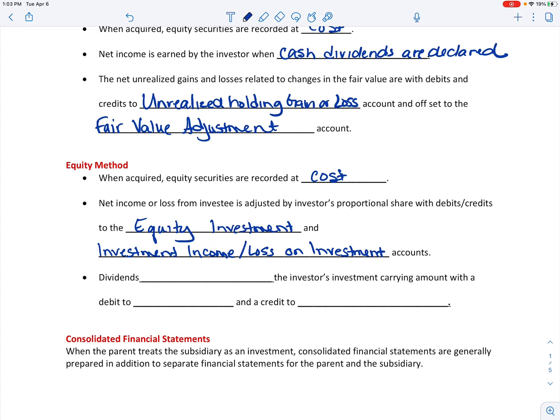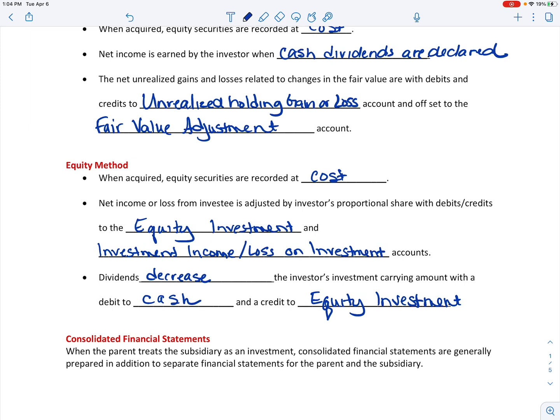Finally, if we have dividends, these dividends decrease the investor's investment carrying value with a debit to cash and a credit to equity investment. And again, if you're a journal entry person, a lot of this will make more sense once we show you how to do a couple.